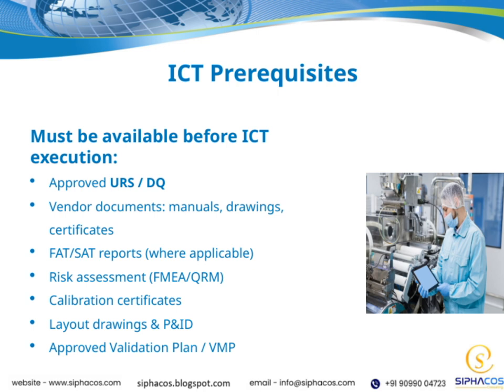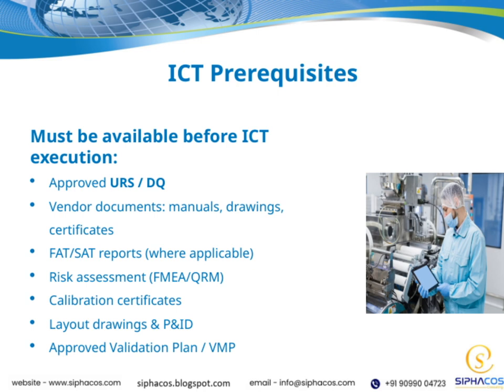This includes manuals, drawings, and certificates. These give us the necessary technical details and proof of compliance. If applicable, we also need FAT or SAT reports, which are factory acceptance tests or site acceptance tests, to verify that the equipment has been tested and meets specifications before installation.